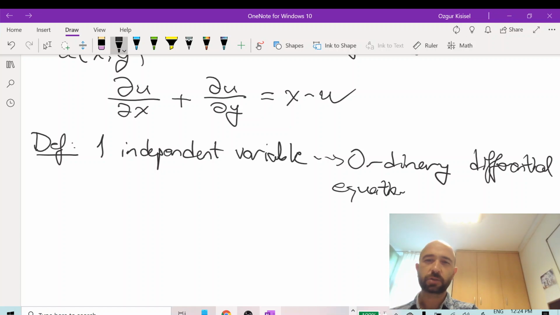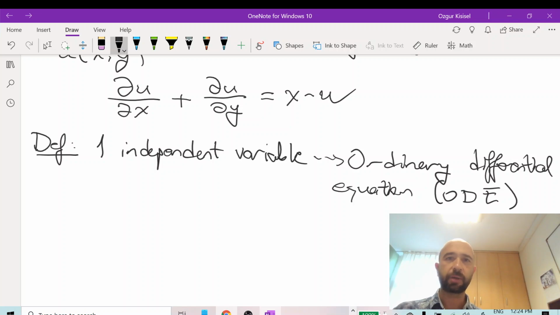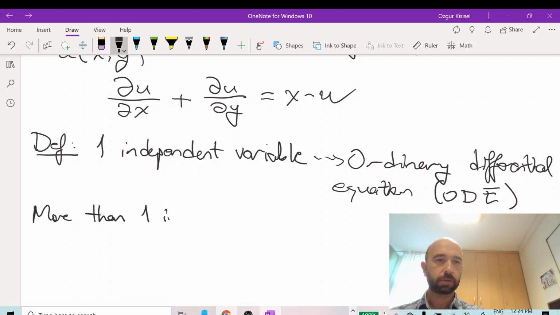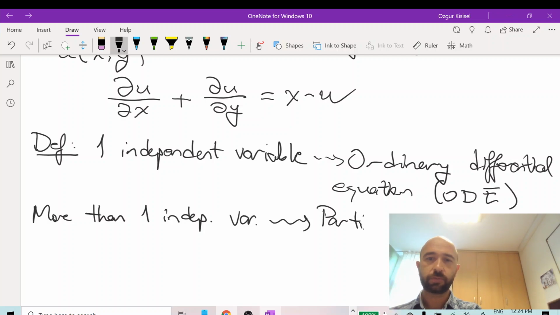Since this is too long to write each time, it is abbreviated as ODE. By the way, differential equation is also abbreviated as DE. If you have more than one independent variable, in this case you say you have a partial differential equation, since you have partial derivatives now.